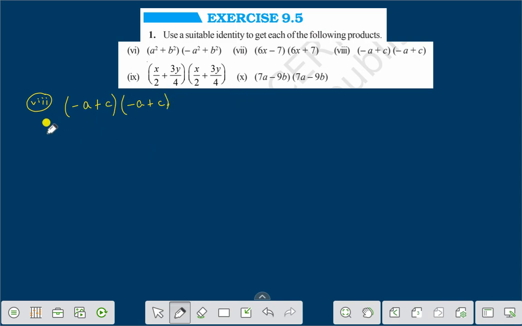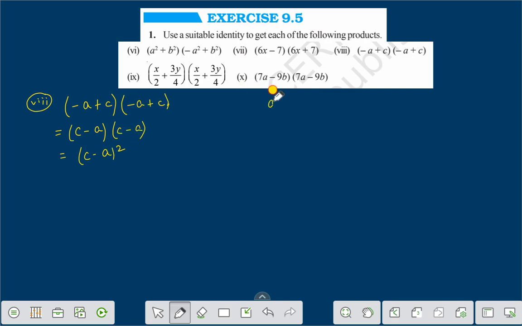Then if we rearrange this one, if we write here as c minus a into c minus a, and you will get c minus a into c minus a is c minus a whole square.